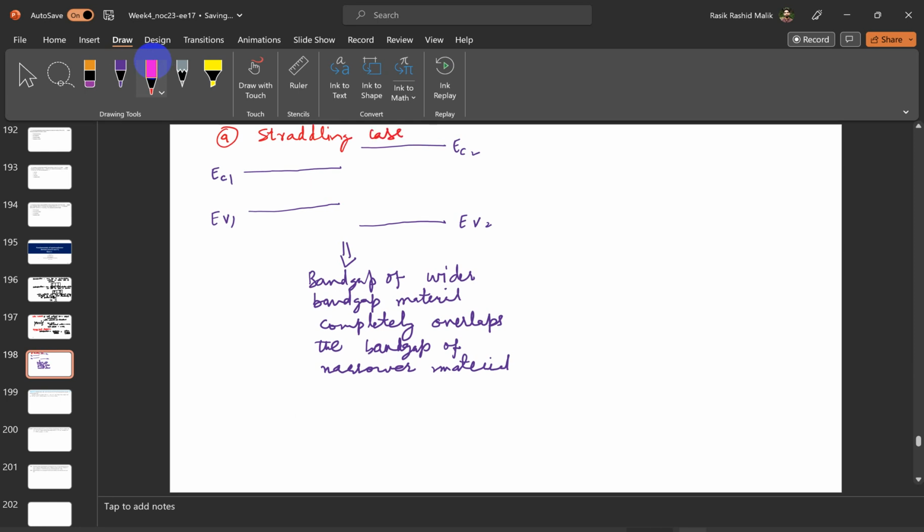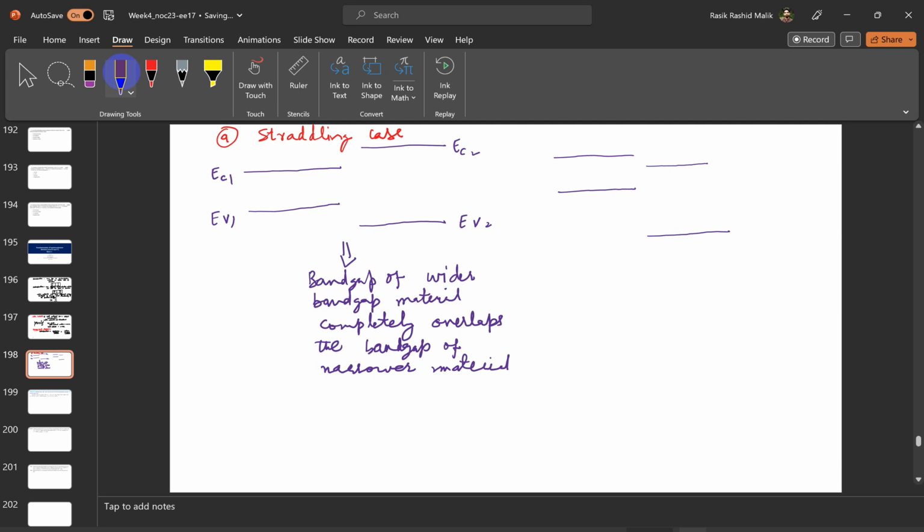So there are other two cases which I will draw. If the band gaps are aligned like this, we have a narrower band gap material, and then we have a wider band gap material. So here the band gaps are partially overlapped.